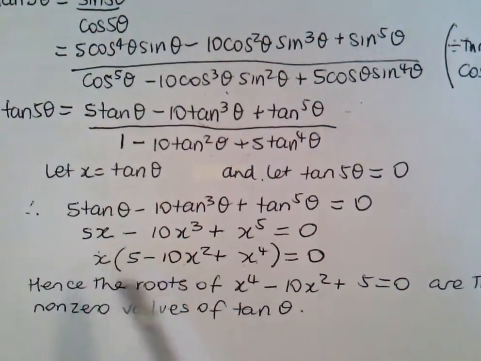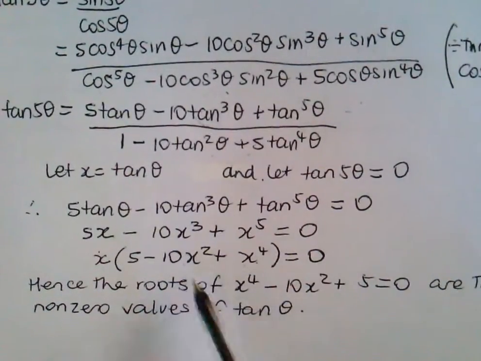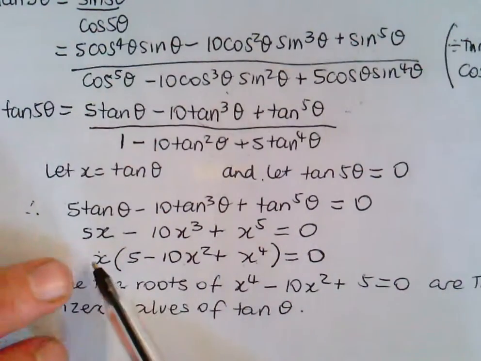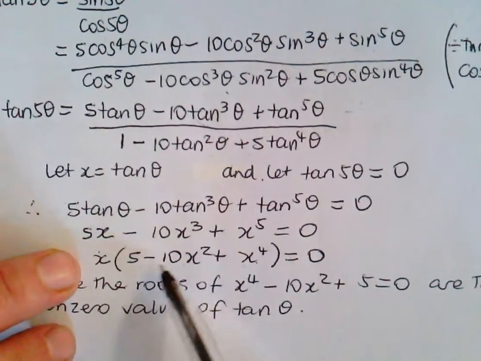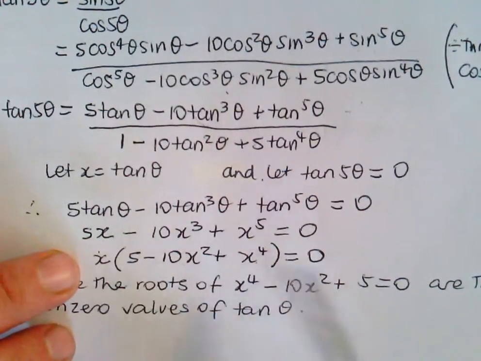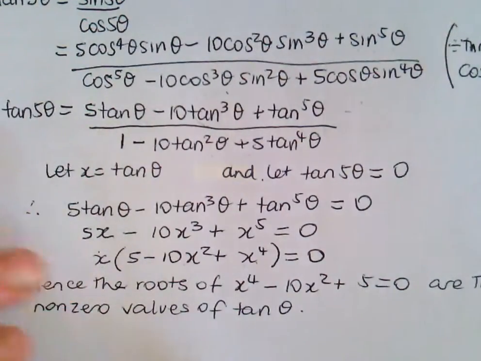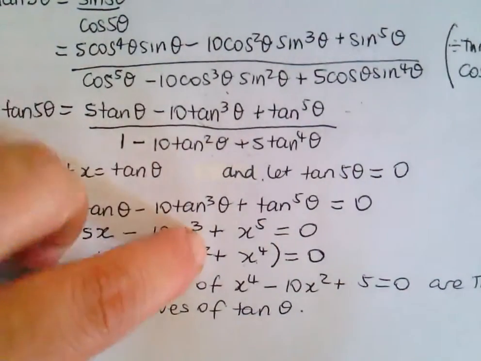So if this bit's 0, then this is not going to be 0, this whole thing as well. Because 0 times anything will give you 0. Got it? What we're saying here is, therefore, tan theta is 0, or tan to the power of 4 theta minus 10 tan squared theta plus 5 is 0. Tan theta is 0. The only solution is 0. Yes, it's also pi and whatever, because tan of 0 is 0. So therefore, the roots of this are the non-zero values.